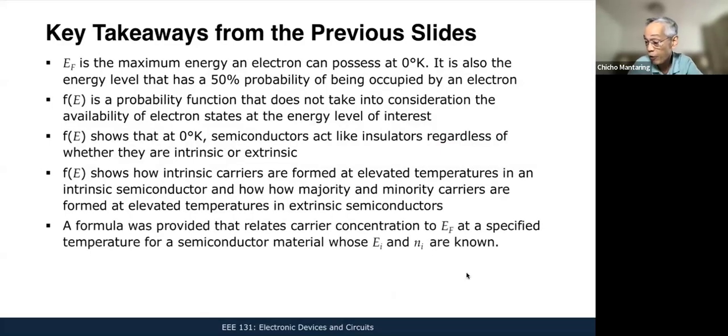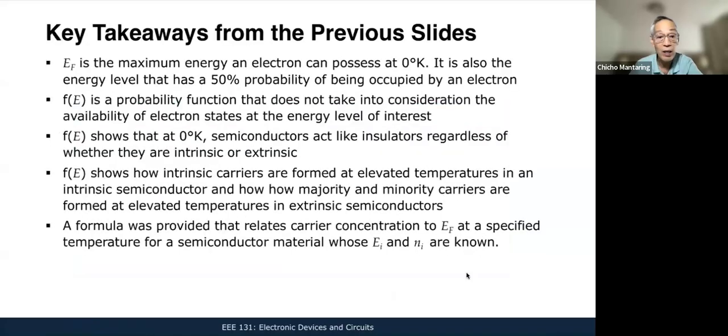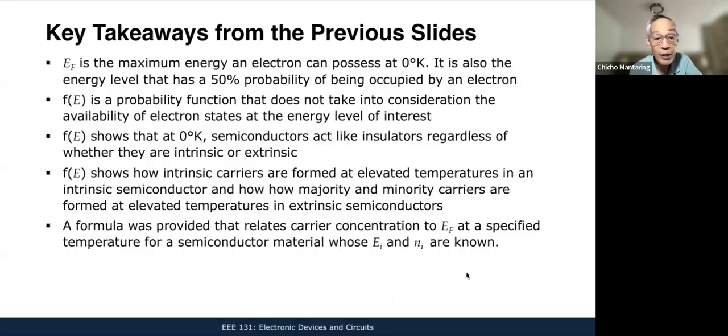And then important is the formula that was provided, this formula, to be able to relate concentration to intrinsic concentration for a particular Fermi energy level at a particular temperature. Okay. Any question again before we leave Fermi function?